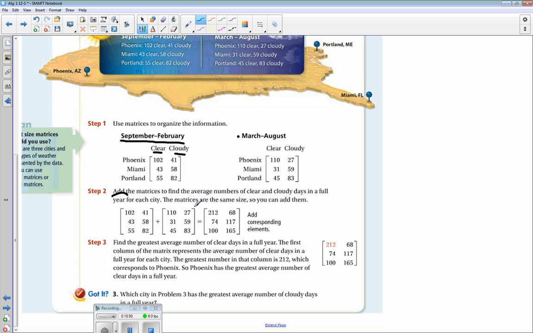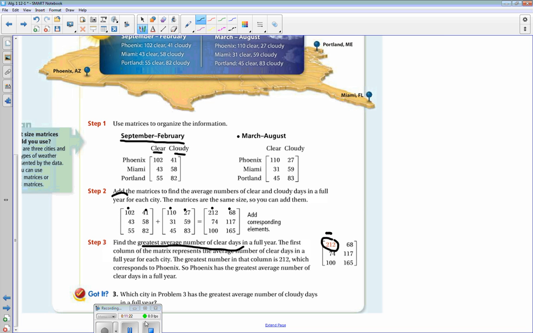The matrices are the same size, so we can add them straight across. So if you notice, that's Phoenix plus Phoenix equals total Phoenix clear. Phoenix cloudy plus Phoenix cloudy equals total Phoenix cloudy, etc. So now we're going to find the greatest average number of clear days in a full year, and if you look at our clear column, our biggest number is 212.